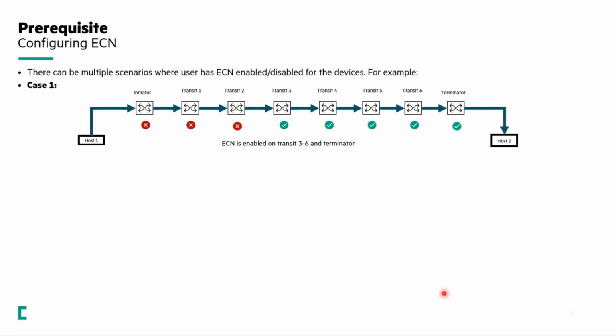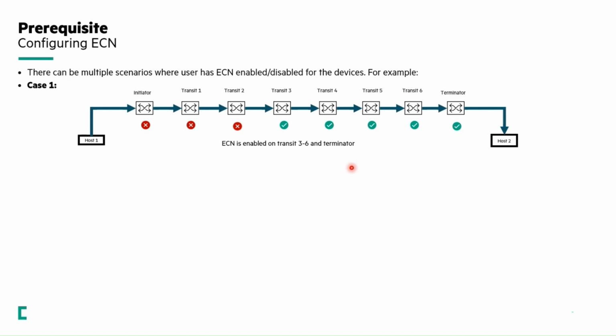In case one, I have a network deployment where host 1 is trying to contact host 2, and I have an initiator, a terminator, and 6 transits in between. For this deployment, you can see that I have not enabled ECN on my first 3 nodes. Rather, I have enabled the ECN feature for all my later nodes, including the terminator.